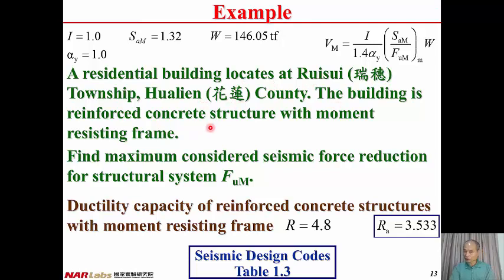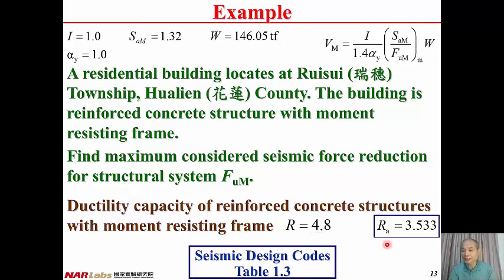The building is reinforced concrete structure with moment-resisting frame. The question is to find the maximum considered seismic force reduction factor for structural system, FUM. From Seismic Design Codes, Table 1.3, the ductility capacity of reinforced concrete structure with moment-resisting frame, R equals 4.8. Therefore, the ductility capacity for the building here equals 4.8.